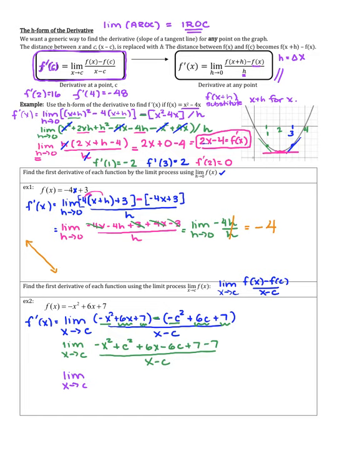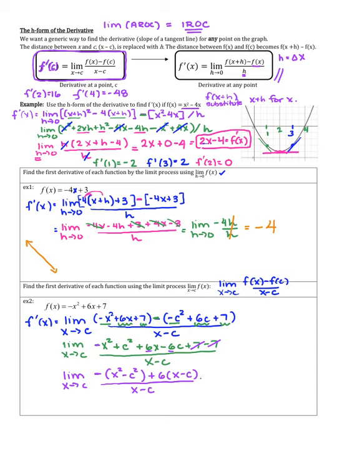I am going to factor out a negative in this first term, so this becomes negative x squared minus c squared. And I can factor out a 6 here, so this will become plus 6 x minus c. And you can see that those are going to cancel. And this is all divided by x minus c.